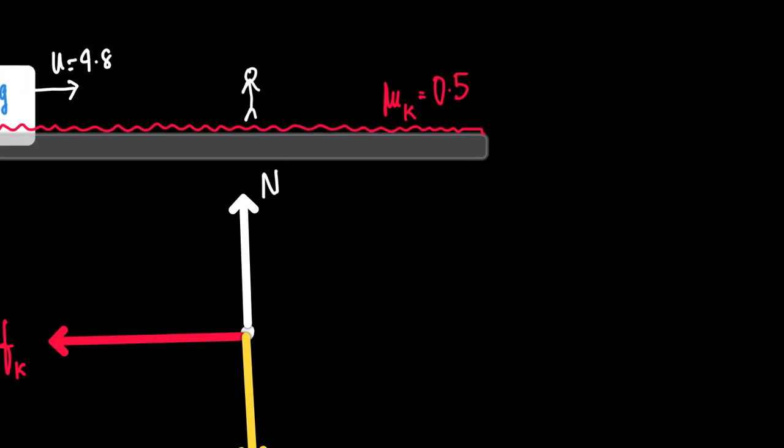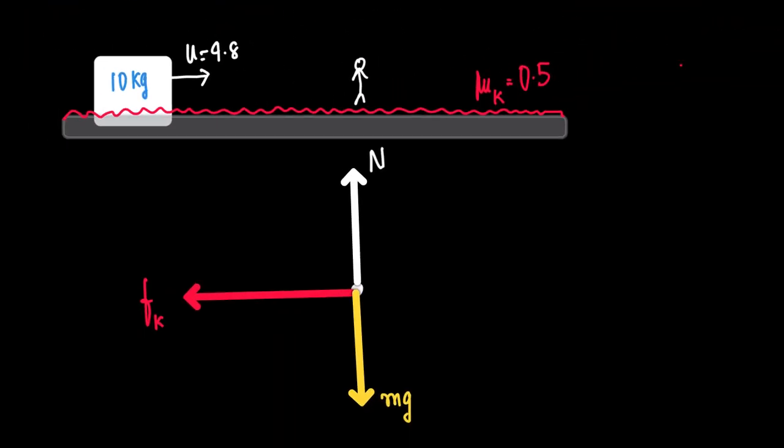Now, let us identify the various forces acting on it, or maybe let us directly draw the free body diagram of this body here. So what are the forces acting on it? The first force would be the force of gravity, mg. The second force would be the normal reaction acting on the block from the surface. And the third force would be the force of friction.